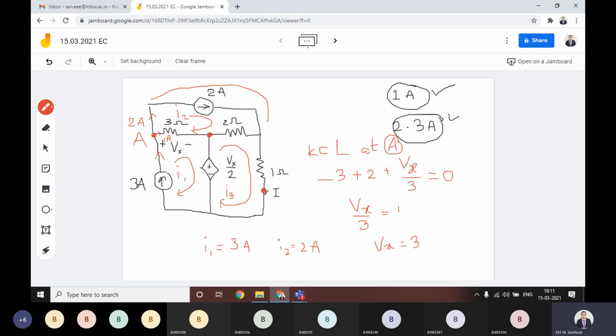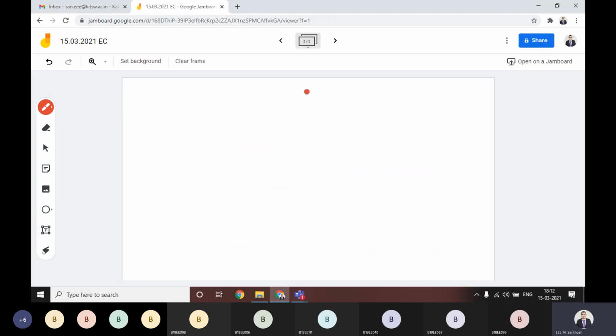Our intention is to find this I, which is actually I3. I3 is equal to I only. We have to find this one. Why you are getting 1 ampere, we will see.